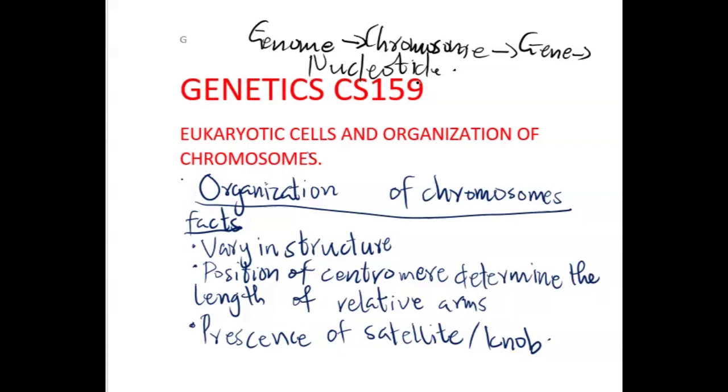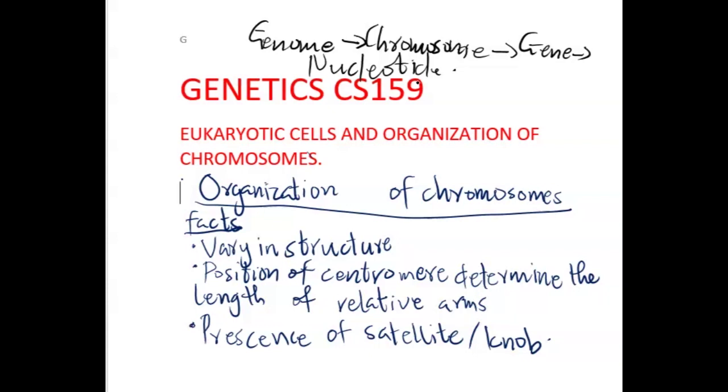Another thing you have to know about chromosomes is that they vary in structure. The position of the centromere determines the length of the relative arms. I'll draw a chromosome and show you the centromere and the satellite.